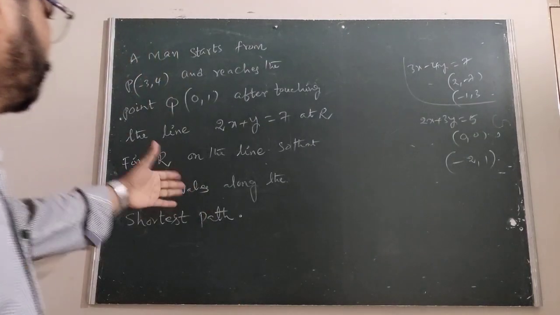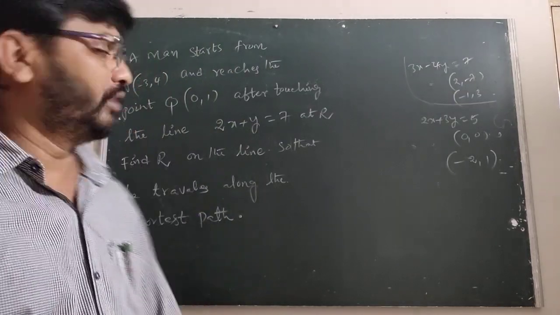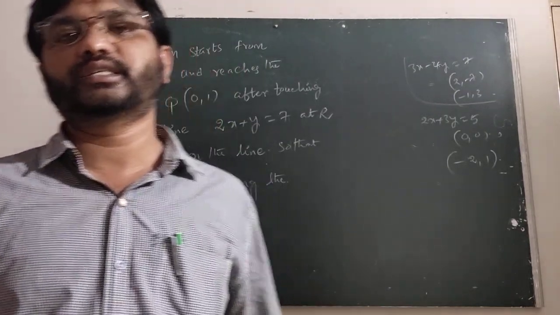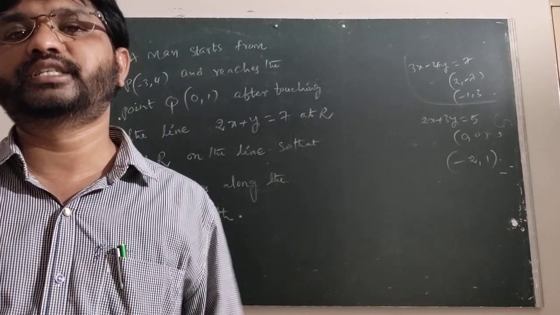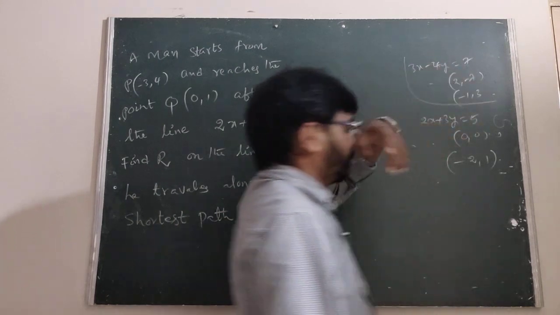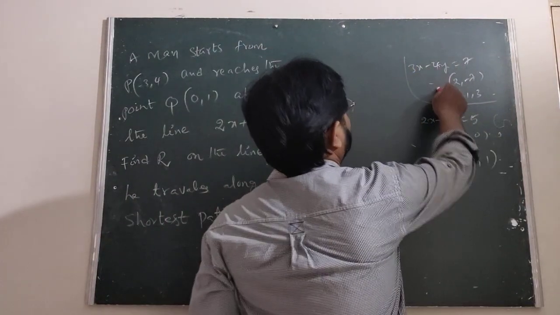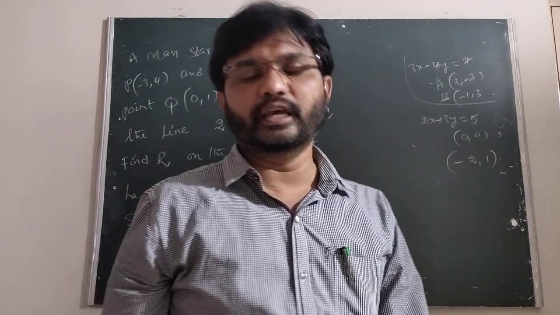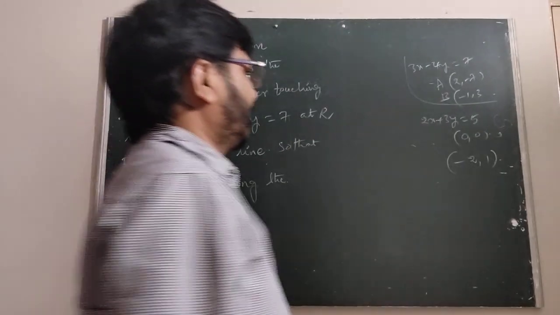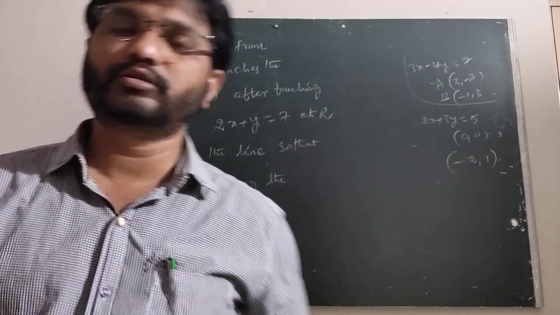Before this question, we have to discuss the concept of the shortest and largest distances with respect to a line and two points. Suppose A and B are two points with respect to the line 3x minus 4y equal to 7.